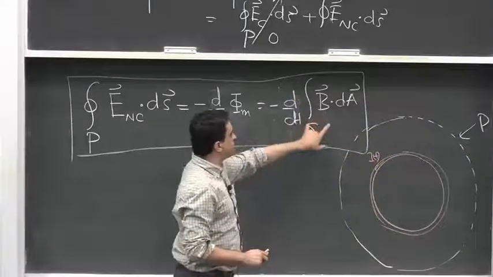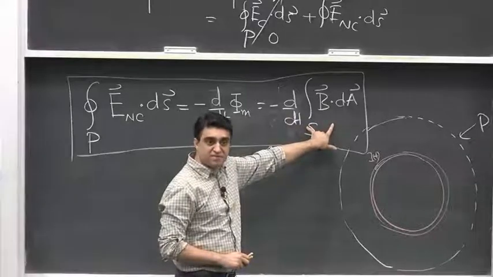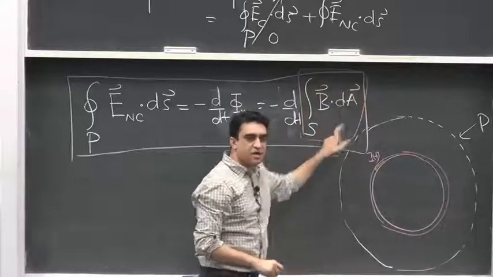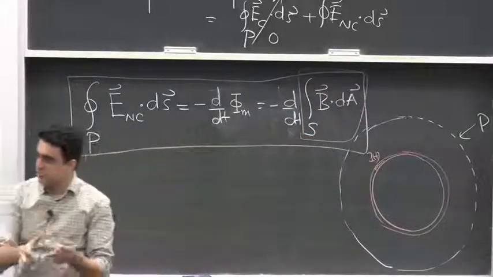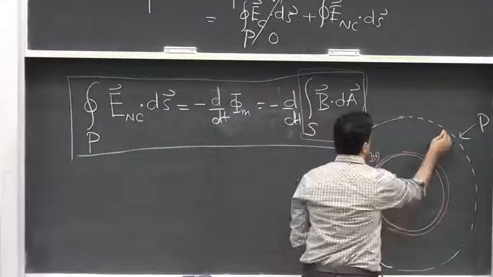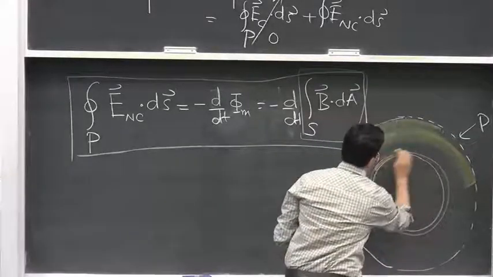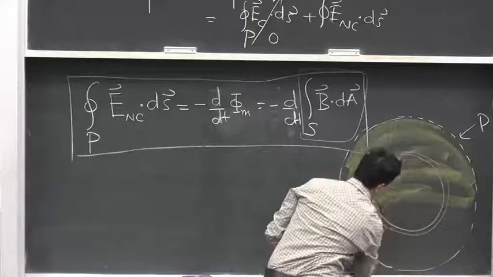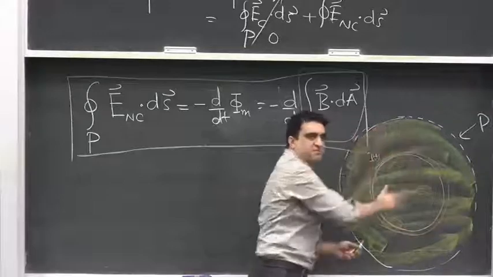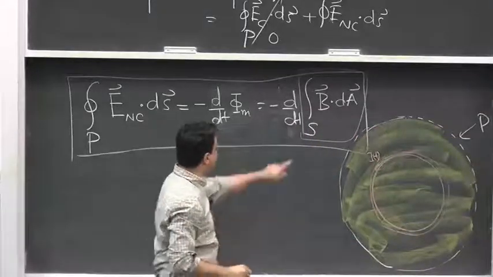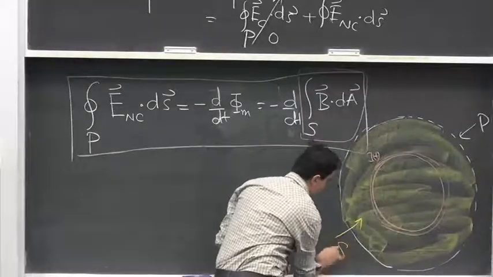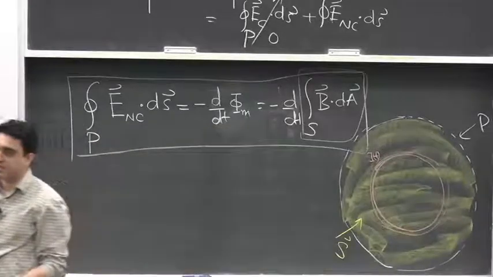On the right-hand side, what you have is a magnetic flux, which is this part, and this is the magnetic flux through an open surface. What is that open surface? In this case, it is the surface enclosed by this path P. This planar surface enclosed by the path P is the open surface through which you take the flux, and that would be your S. Where do the magnetic field lines lie?